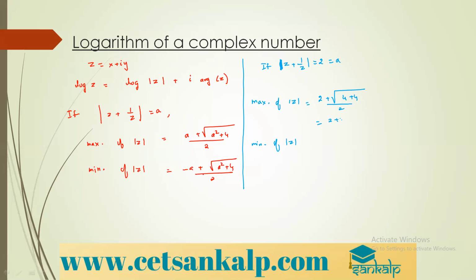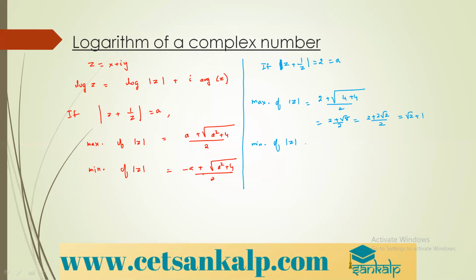That is 2 plus square root of 8 by 2, or 2 plus 2 root 2 by 2. That is root 2 plus 1. That is the maximum of modulus of Z.